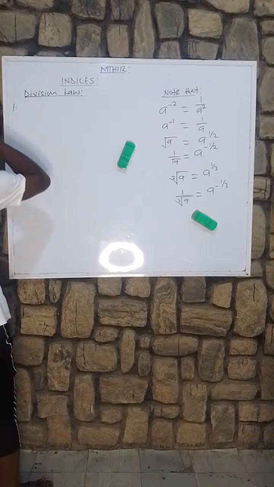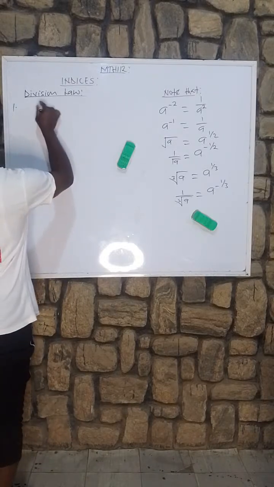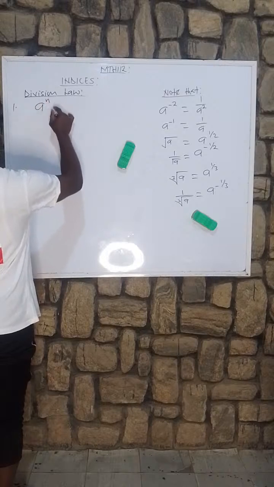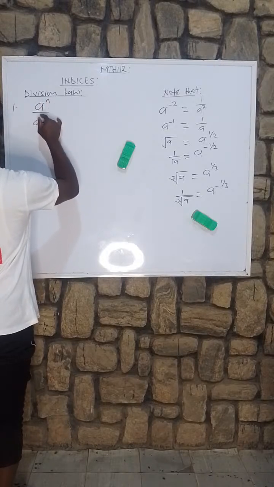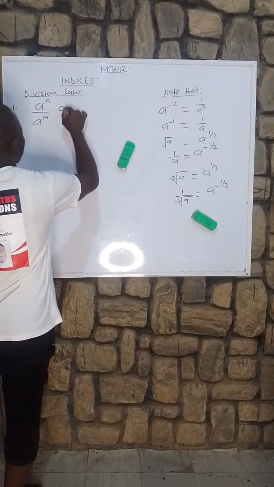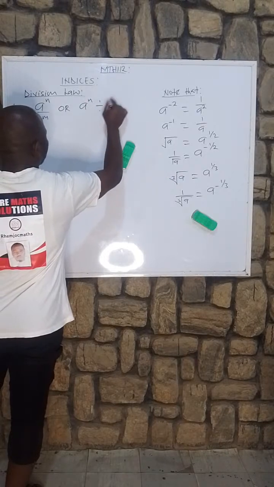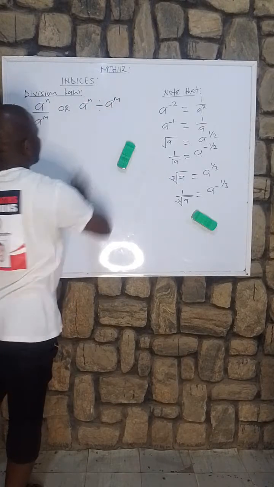Division law, when you have indices of this form, either A raised to the power n all over A raised to the power n, or A raised to the power n divides A raised to the power n.